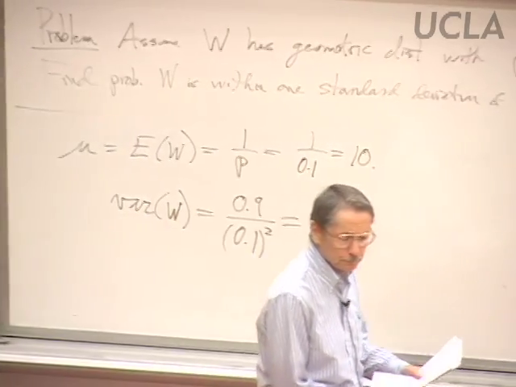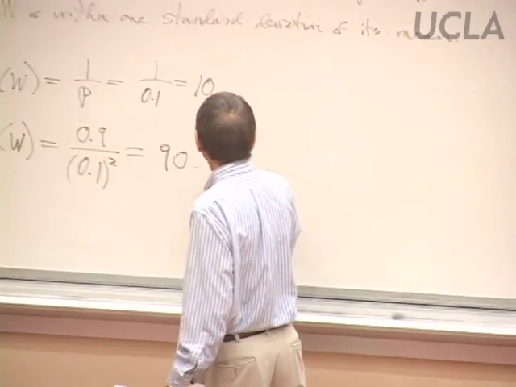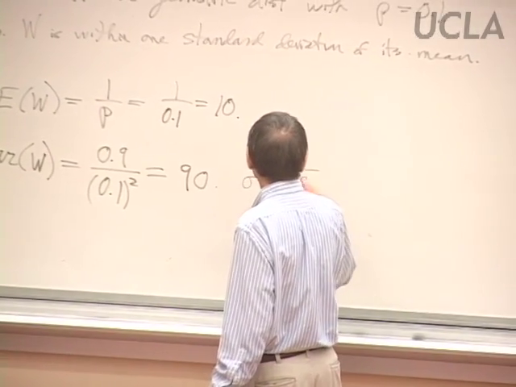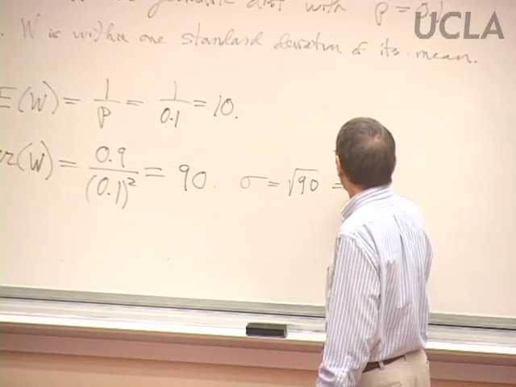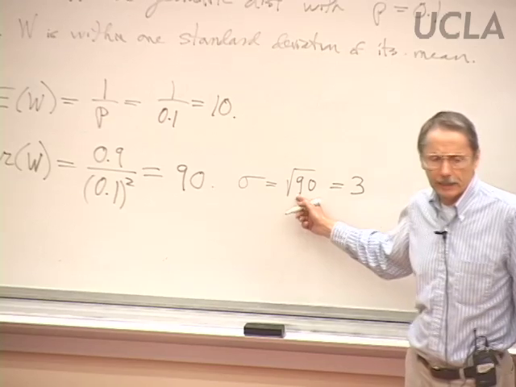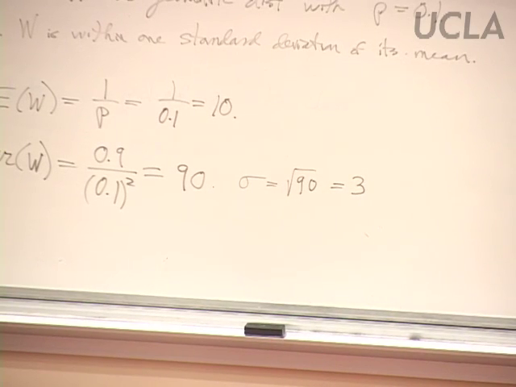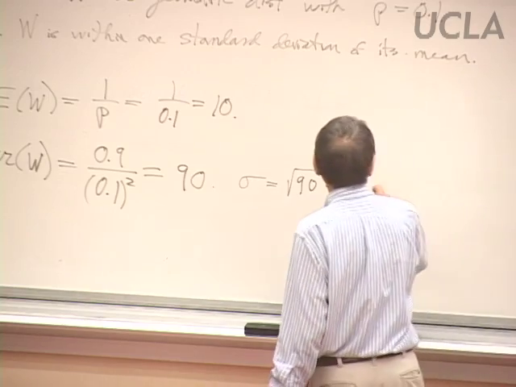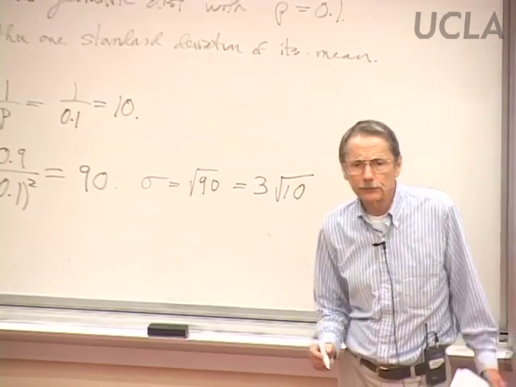That's 90. So the standard deviation is the square root of 90. Well, we can think of that as 9 times 10, because 9 is a perfect square. It's 3 times the square root of 10.